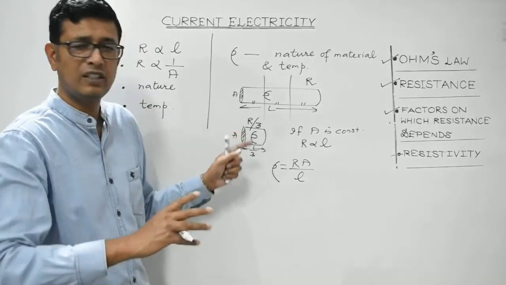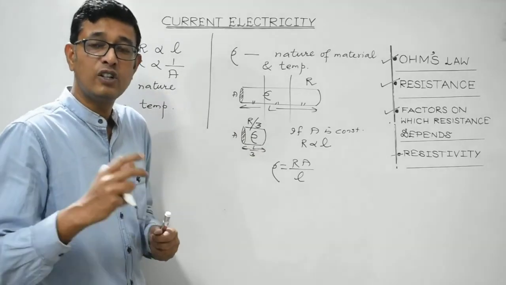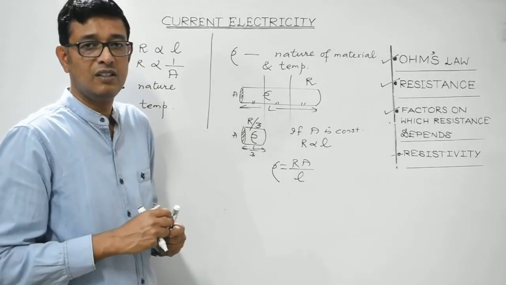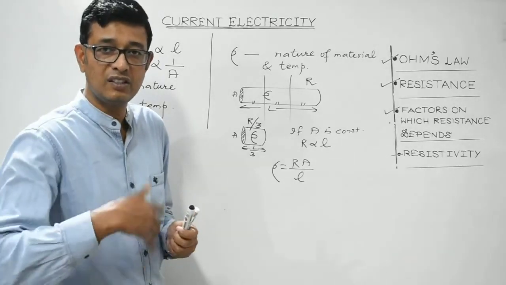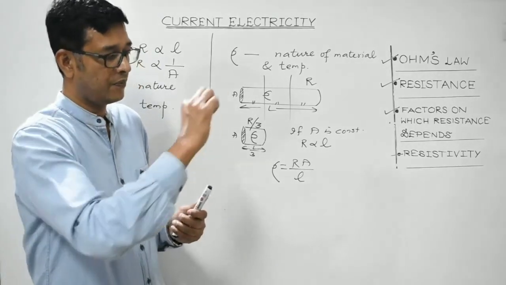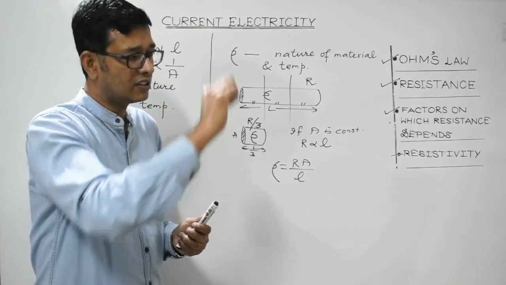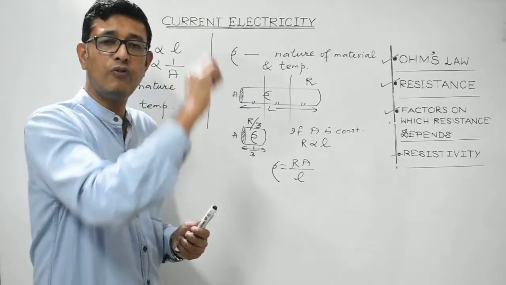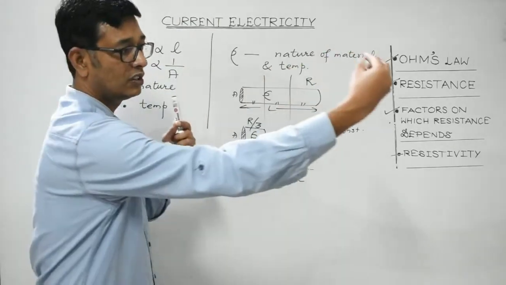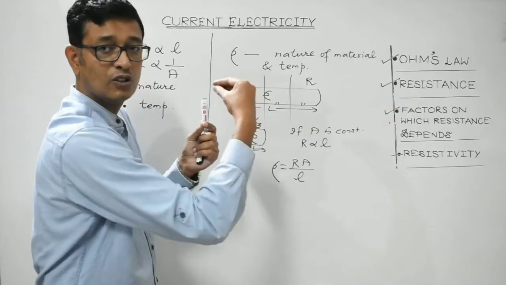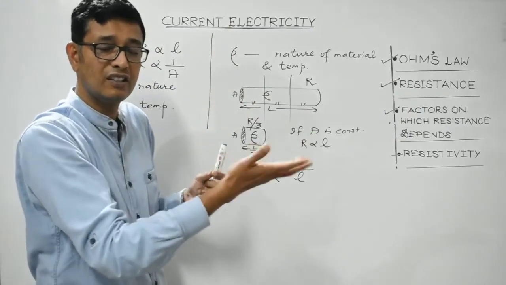And obviously, we'll discuss it in the next lecture. It also depends upon the temperature. Now look students, with the increase in the temperature, what happens is, the positive ions start vibrating more vigorously and with greater amplitude. So the probability of electrons colliding with the positive ions increases.